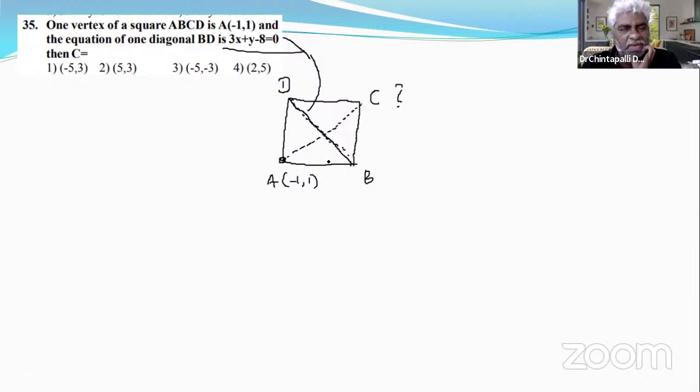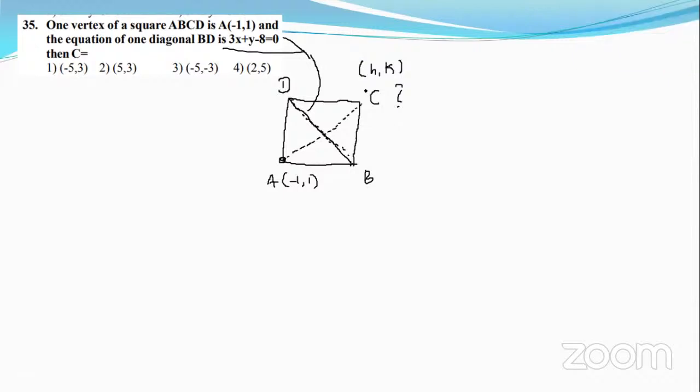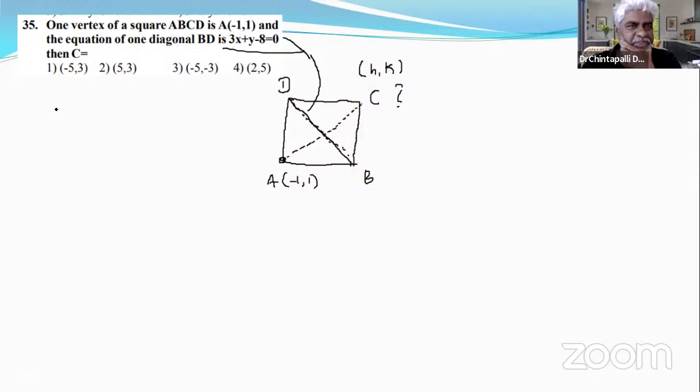I told you one formula yesterday itself, only to find the image. If H, K are the coordinates of C, we can find the image by using this formula. It is the image formula. Did I tell you the image formula and the foot of perpendicular formula?